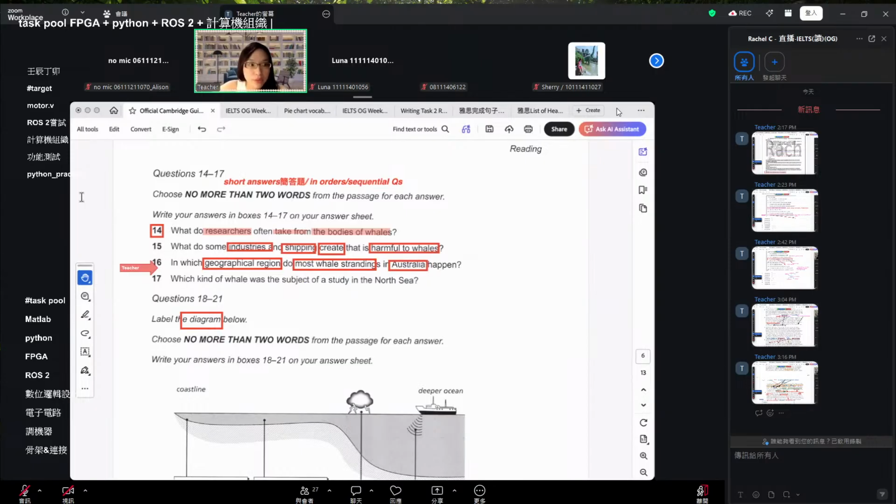That was referring to a location. And question 15 is about something created by the shipping company and the industry.